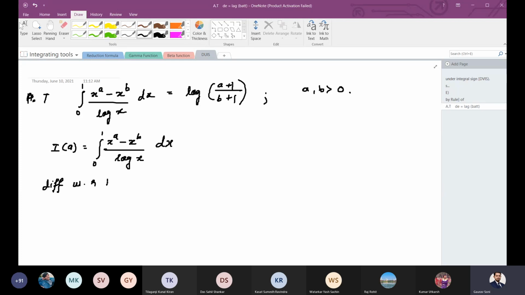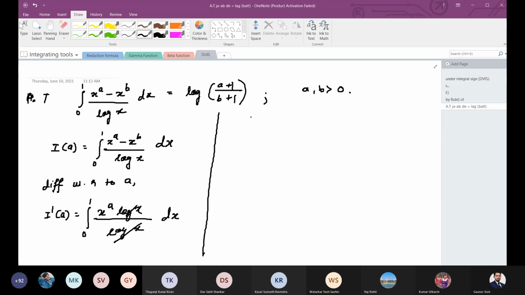So I dash of a is equal to, by rule number 1, I can directly take the derivative inside. So the derivative of x raised to a minus x raised to b upon log x with respect to a is x raised to a log x upon log x dx. So this gets cancelled out. What do we get? I dash of a is equal to 1 upon a plus 1.